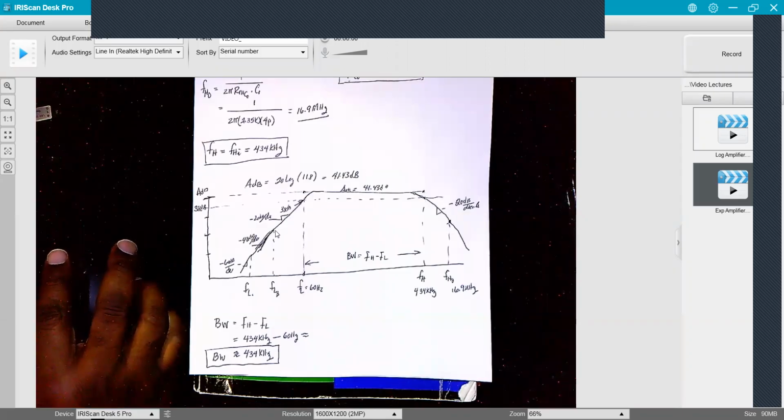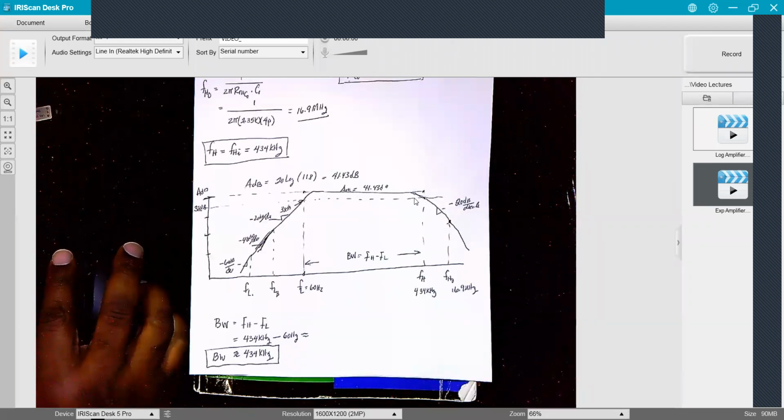The slope of this, from F sub L until it encounters the next pole, is basically 20 dB per decade of frequency until it encounters this next pole, which gives another 20 dB per decade, which means the slope is now minus 40 dB per decade. And when it encounters this last pole here, it adds another minus 20 dB per decade to the slope. So this slope here is minus 60 dB per decade.